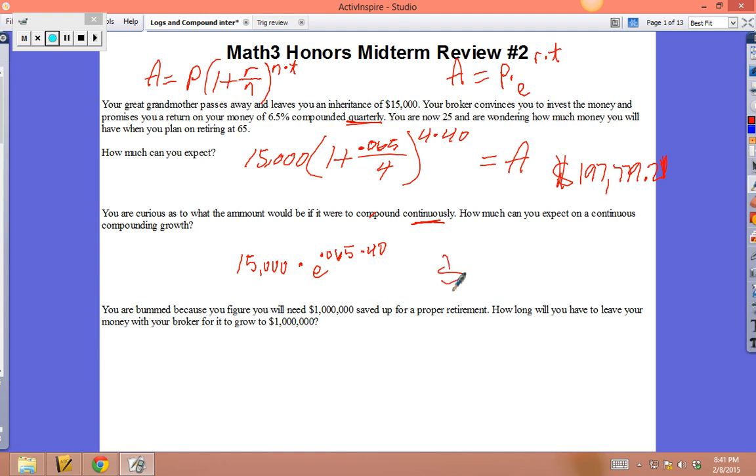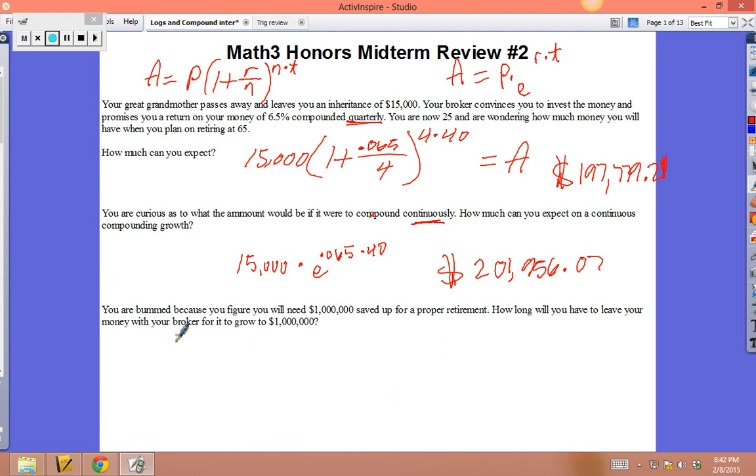You're going to end up with 201,956 and 7 cents. So an extra 4 grand that you'd make if it was compounding continuously. So if they put all the interest that you earned into your account every second.